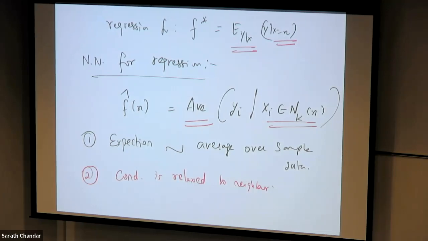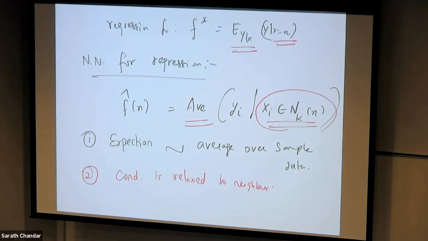Now, this is a really powerful algorithm because as the training sample size n grows, the points in the neighborhoods are going to be very close to x. If you have a really large data set, then this approximation is going to get better and better and better.